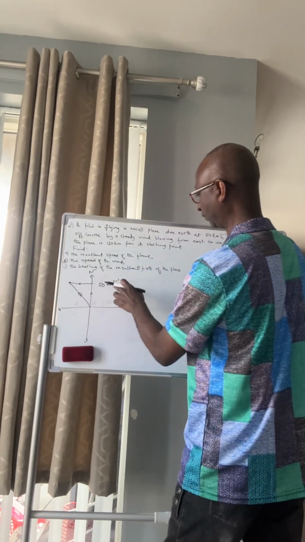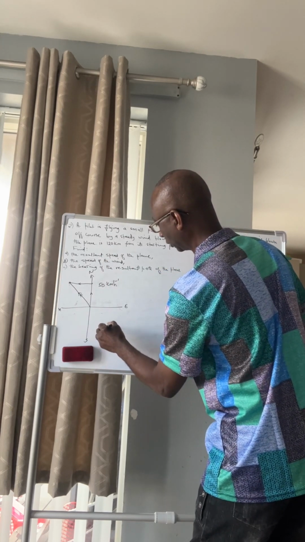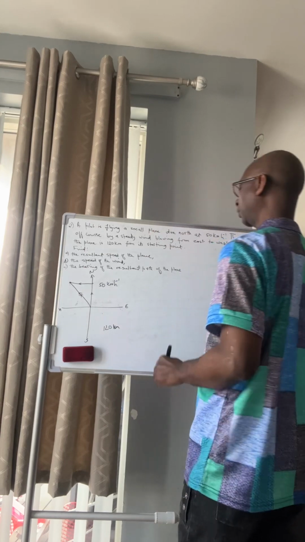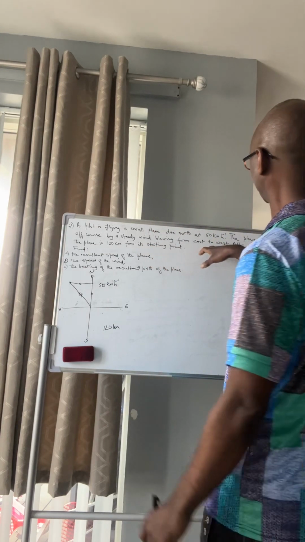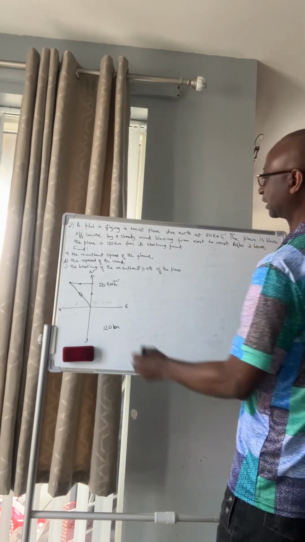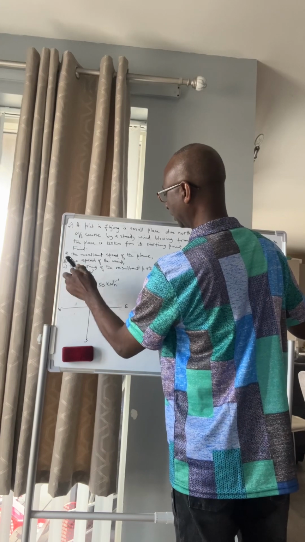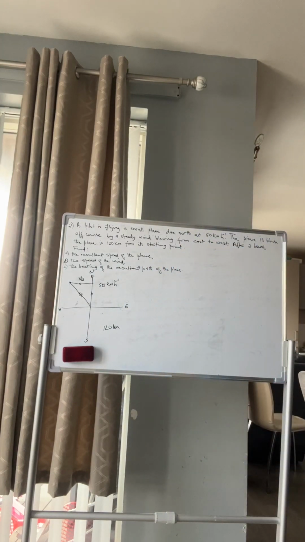We are doing velocity here. Let's just write it here. 120 kilometers from the starting point. So of course, it's blown by a steady wind. So this is the velocity of the wind. Let's give it V, W, velocity of the wind.